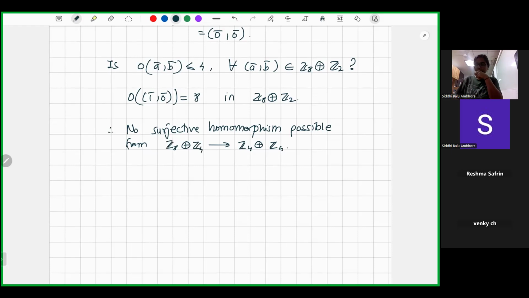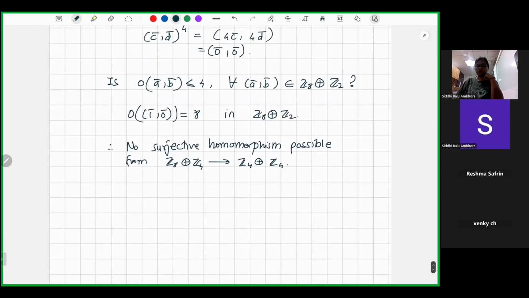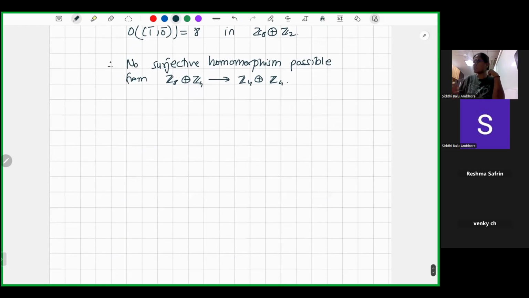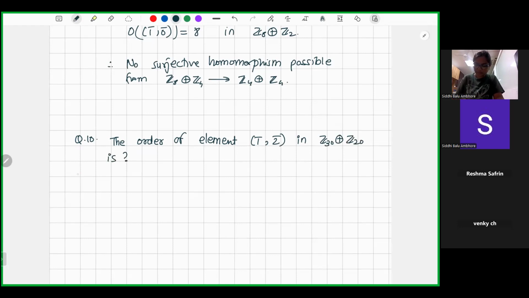Okay, great. So I still have some time. Here is a quick question; we did something of this sort earlier. What is the order of the element (1 bar, 2 bar) in Z30 plus Z20?